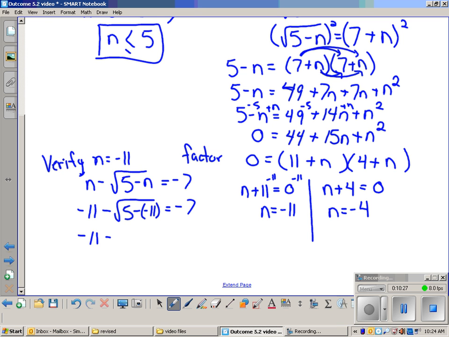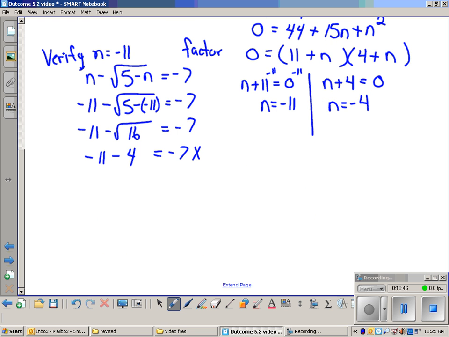Negative 11 minus the square root of 16 has to equal negative 7. I end up with negative 11 minus 4 equals negative 7, which it does not. Therefore, n being equal to negative 11 is called an extraneous root, and we'll disregard it in our solution set.